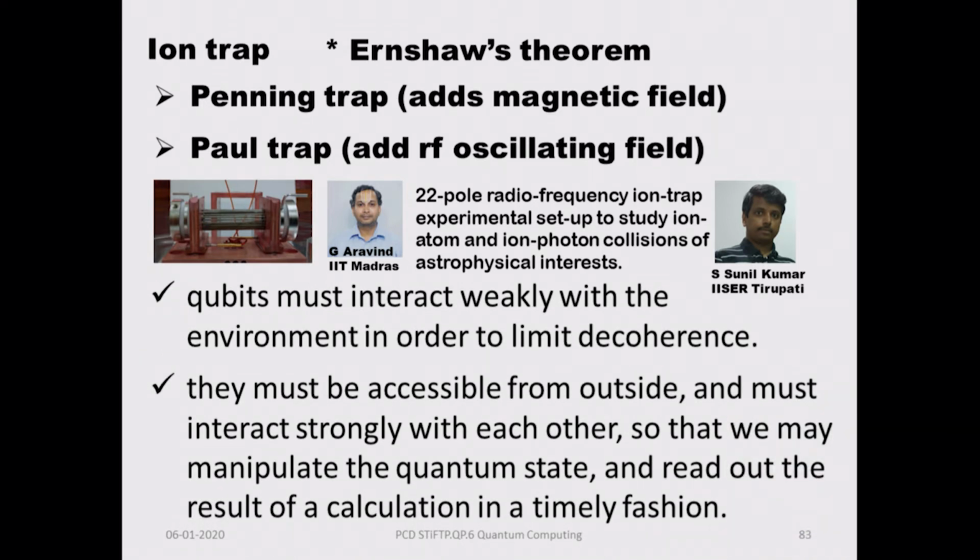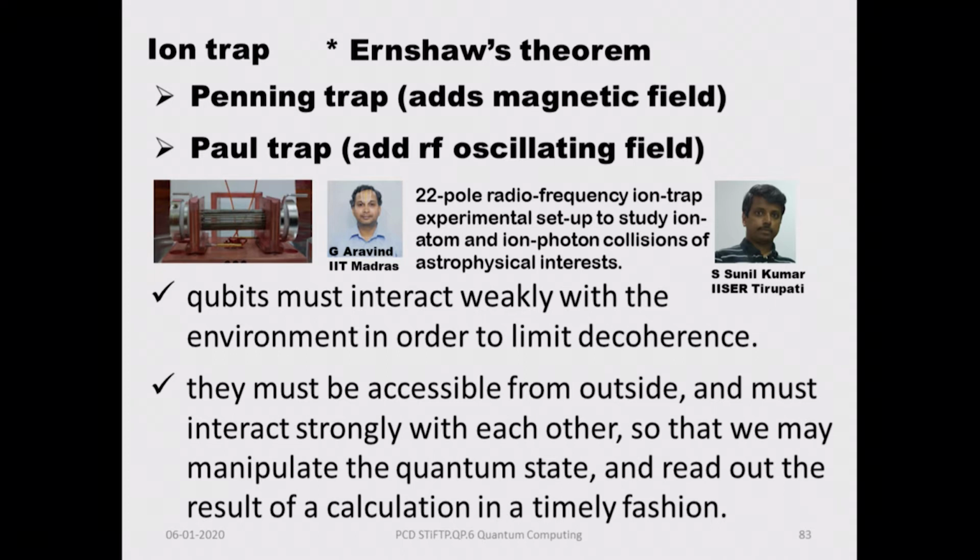And these qubits should be such that they interact only weakly with the environment to avoid decoherence, because decoherence is a killer. We just talked about it. You don't want it.